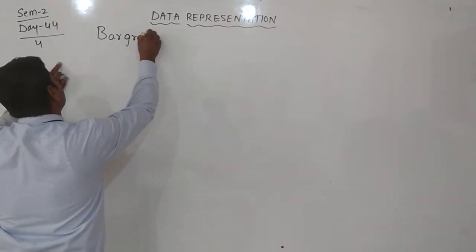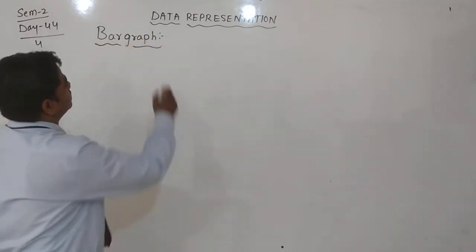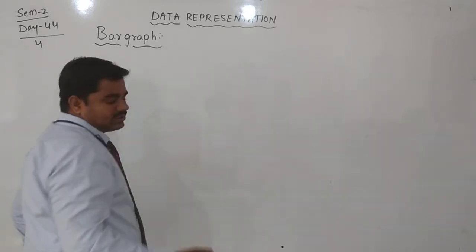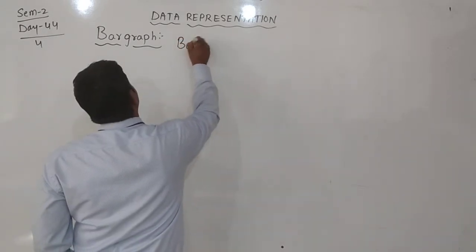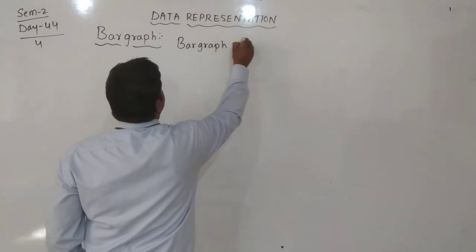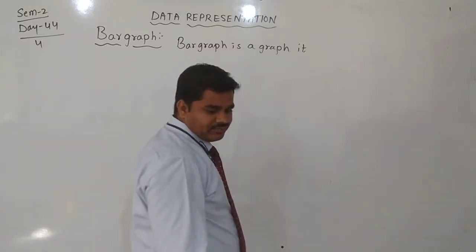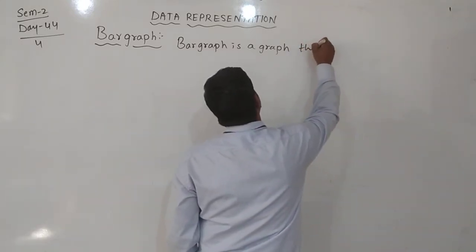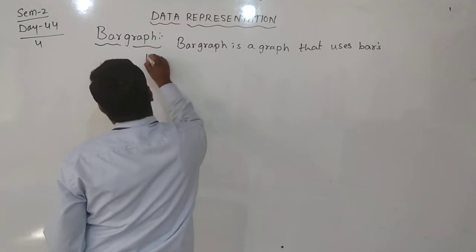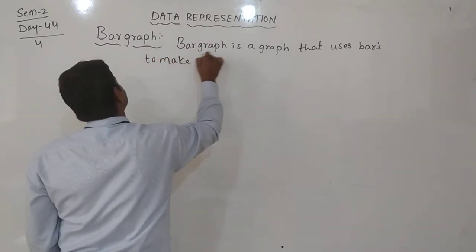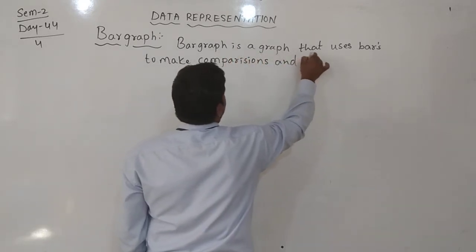Bar graph, the definition is very easy. A bar graph is a graph that uses bars to make comparisons and analysis.